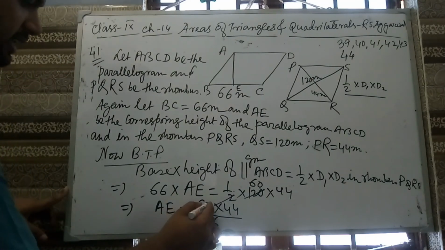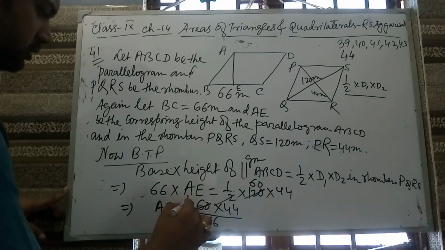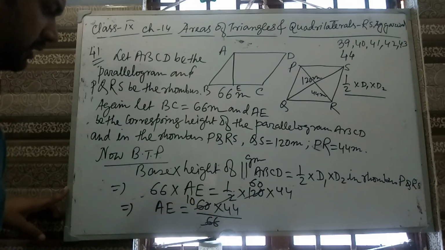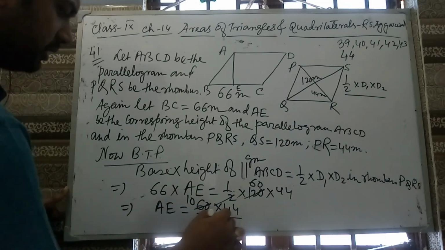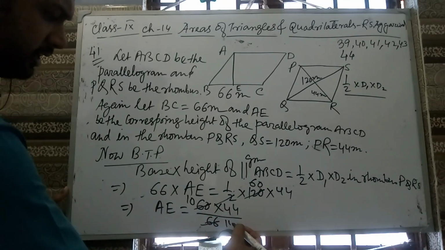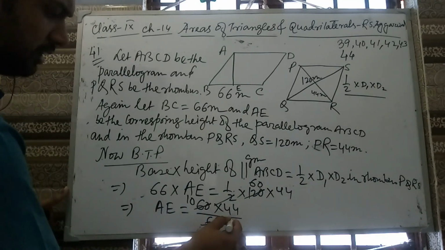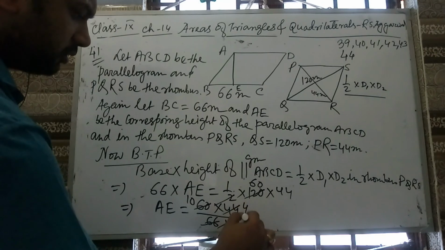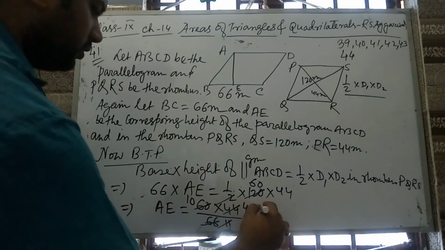Solve it. 60 and 66, so 10 and 11. 11 and 44, 4. So AE equal to 40.